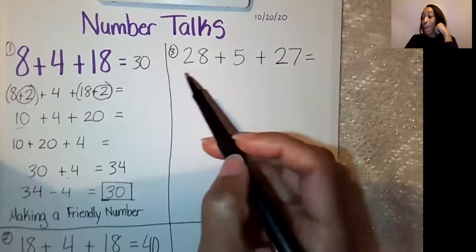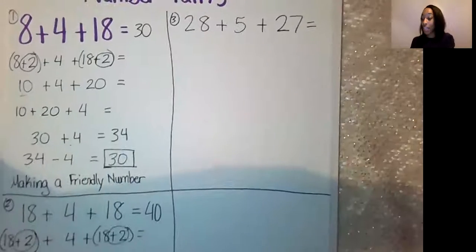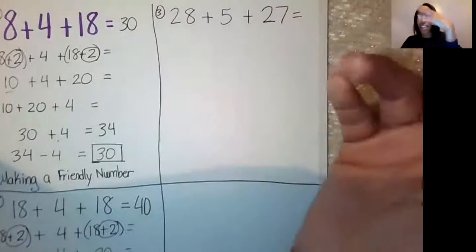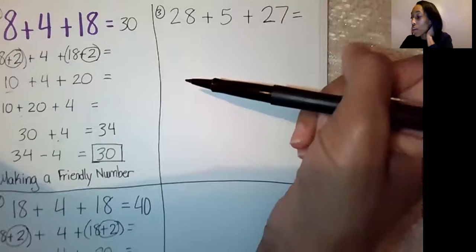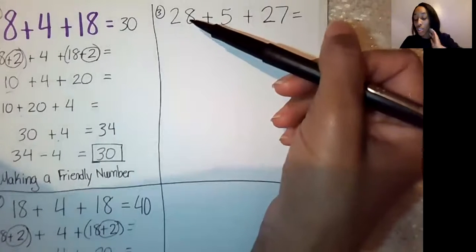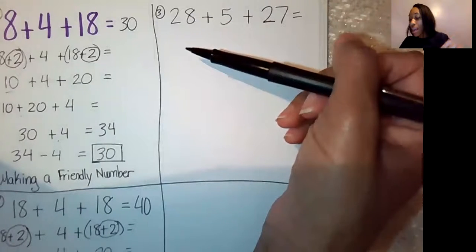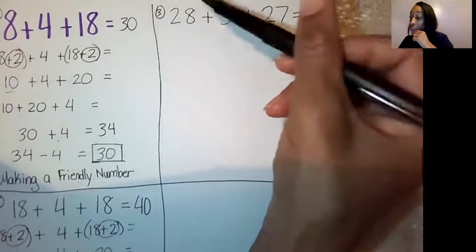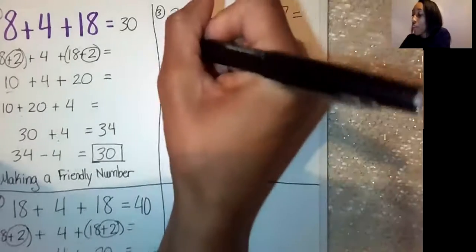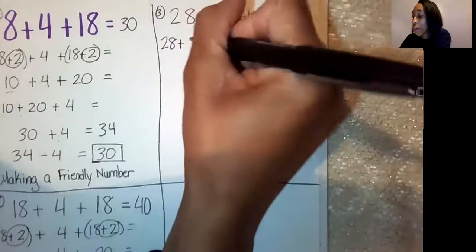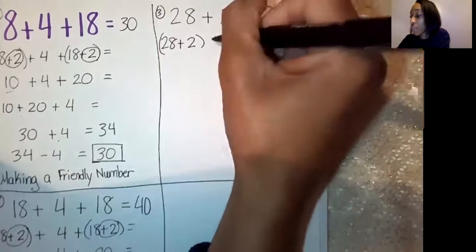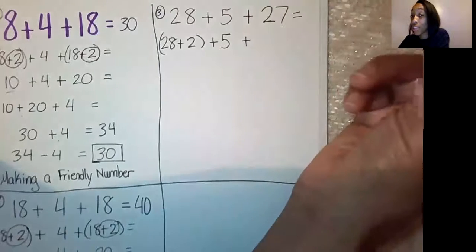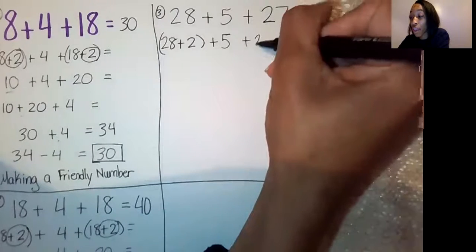I don't see 2 addends that look alike, like down here. So, I'm going to go with my making a friendly number. I'm going to look for addends that are close to my friendly number. And I'm going to bring those to, actually, I could do 28 and 27. So let's bring 28 to that friendly number, 30. 5, I'm going to leave alone for now. And I can also bring 27 to a friendly number. It's not that far away.